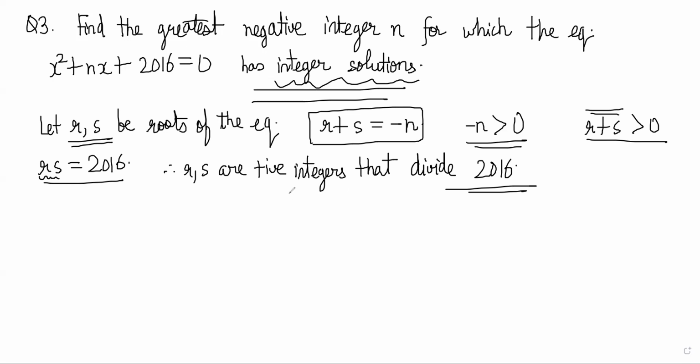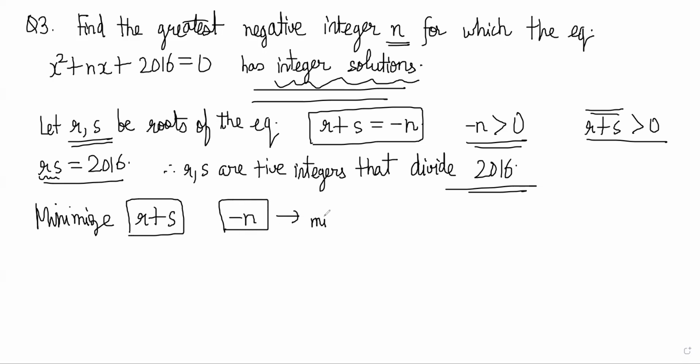So let's try to figure out, we have to find the greatest negative integer like this, right? So we have to basically try to minimize R plus S, because minimizing R plus S means we are minimizing minus n. So that means we are maximizing n, where n is a negative integer.